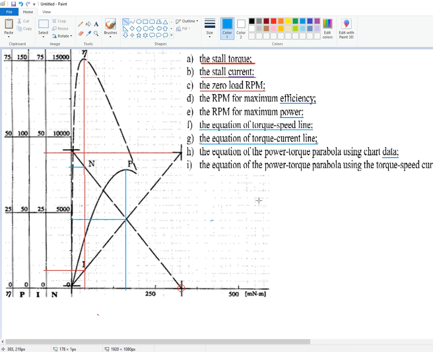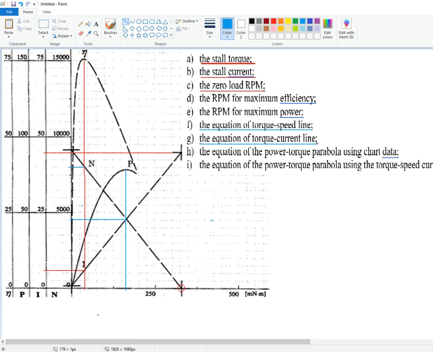What is asked here, G: equation of the power-torque parabola using chart data. So we have the equation, and we can fit, import this, or if you pay attention, you can see these numbers here. So you can read points on the parabola, or rather follow with the cursor, in an assistant or yourself.